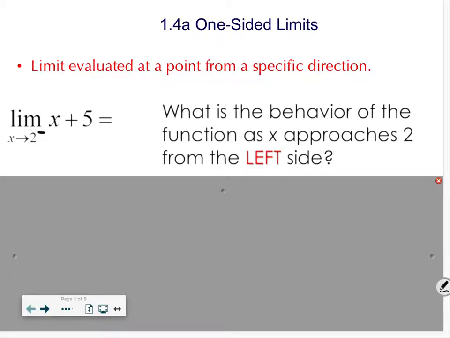Please do not feel like you have to write every single word down that I have up here. This says, what is the behavior of the function as x approaches 2 from the left side? I bet you could paraphrase that in your notes. Or what's the y value from the left? Or something like that.